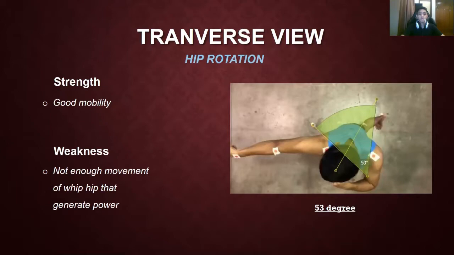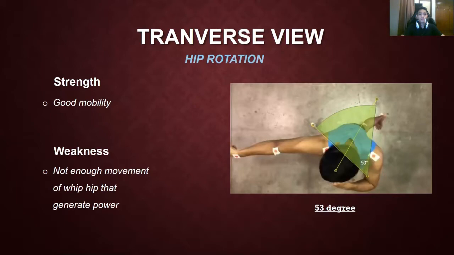The angles were captured from the points at the end of the bars attached to both athletes' hips. So this is the hip rotation for the athlete Reza.